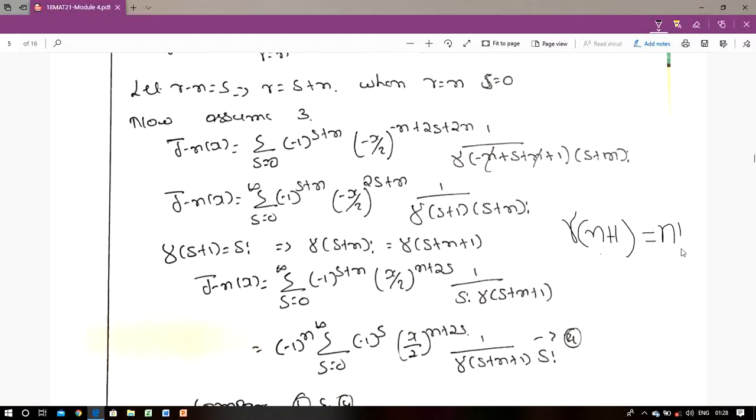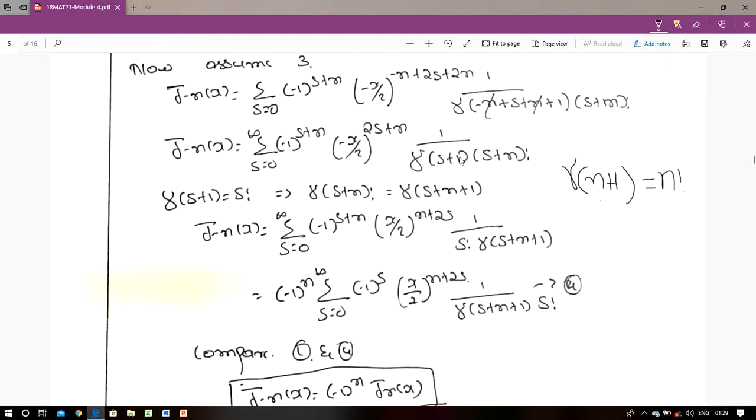Here, same type, instead of n here we use s. So gamma of n plus 1 is equal to n factorial, then the factorial of s plus n can be written as gamma of s plus n plus 1. Just I replace n by s plus n, that's it.